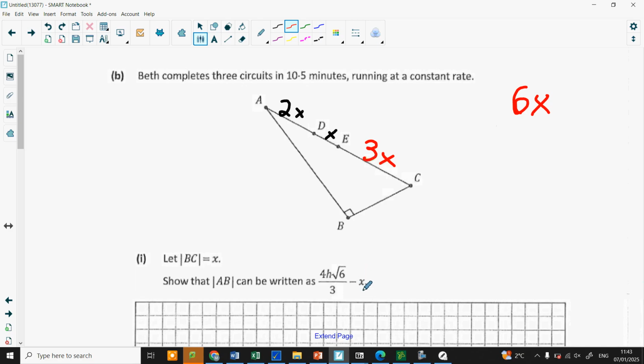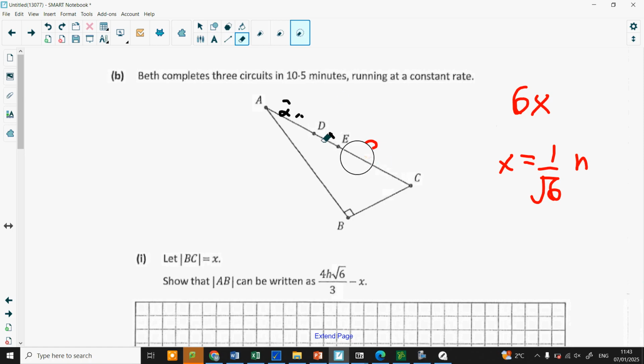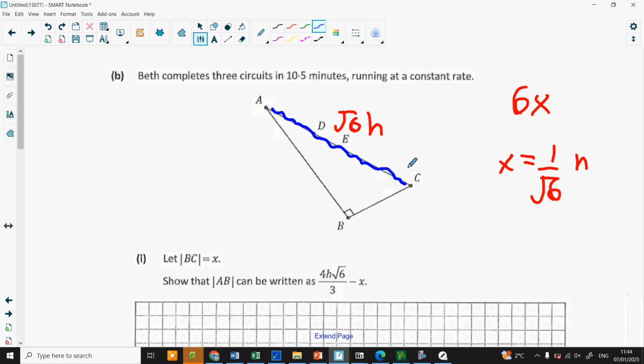Show that AB can be written as the following. I think this is much easier than we think. What did we all say X was earlier? So therefore the full length is root 6 H, okay? And that's that blue length there, yeah?